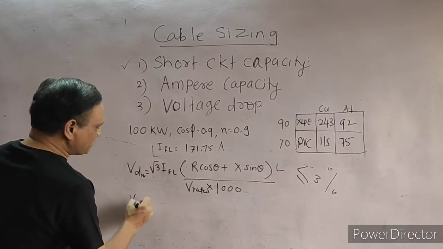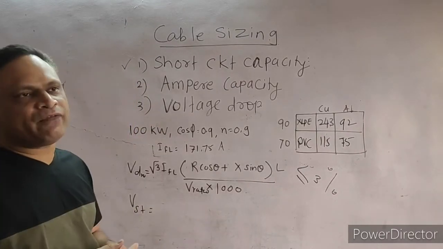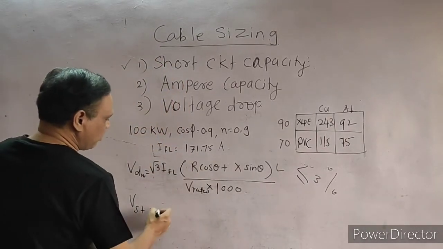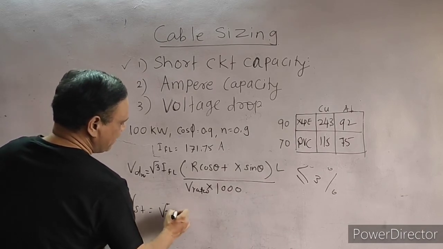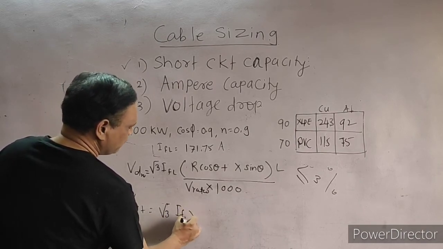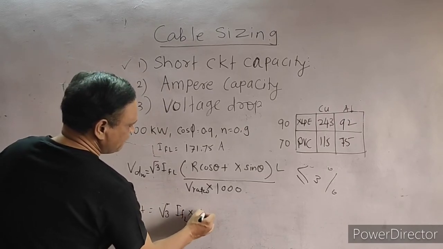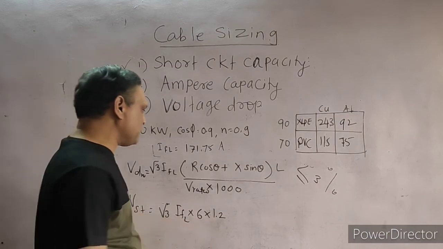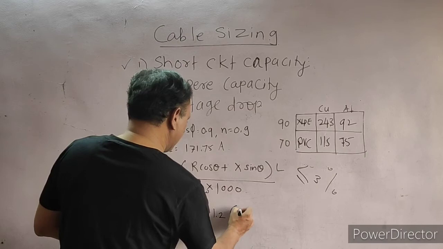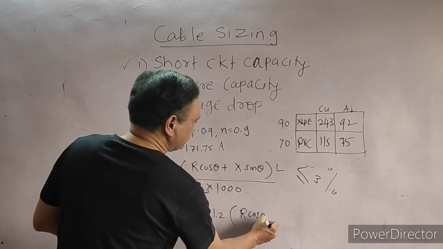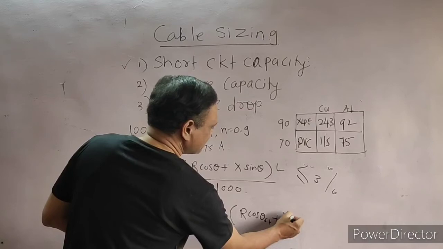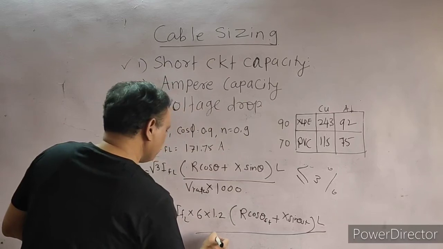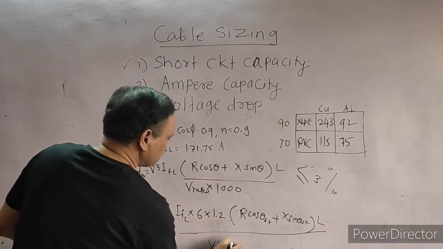Now the voltage drop at starting shall be considered, and the voltage drop limit for starting is 15%. So for the starting of a 3 phase motor, we take root 3 into IFL into 6, and 1.2 is an additional factor that is taken, the marching factor. So 1.2 into (R cos theta at starting plus X sin theta at starting) into L upon rated V into 1000.